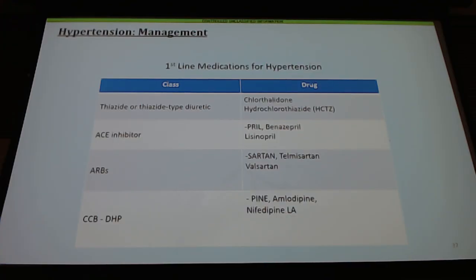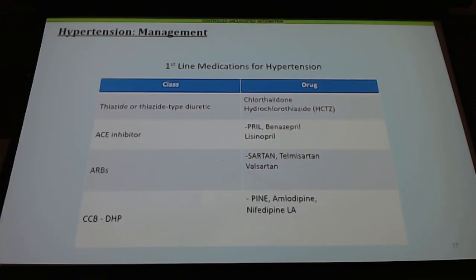So now that we know that there's multiple classes and there's so many different medications that fall under those classes, what are the medications that we should think of as our primary agents to treat blood pressure?